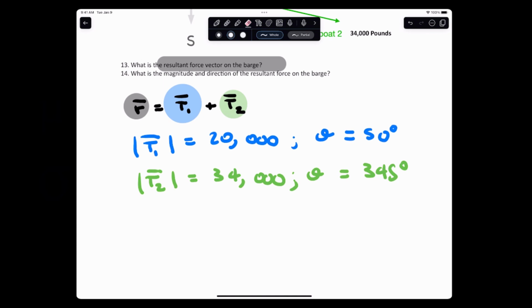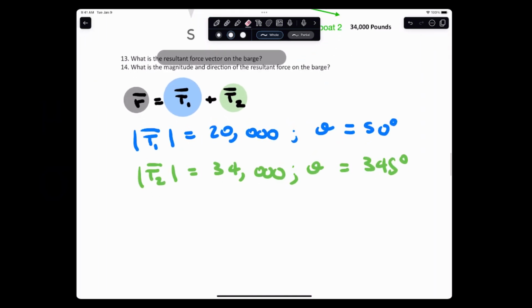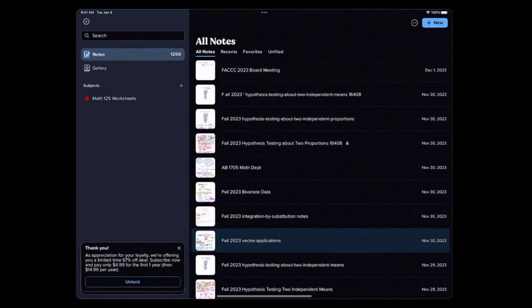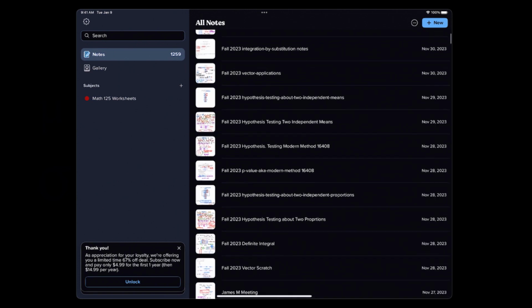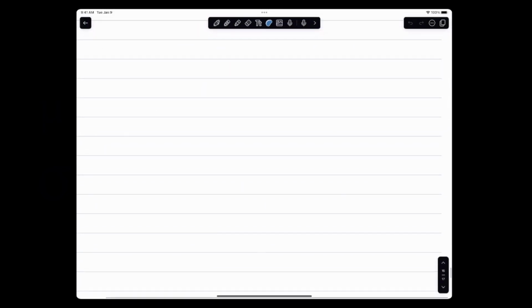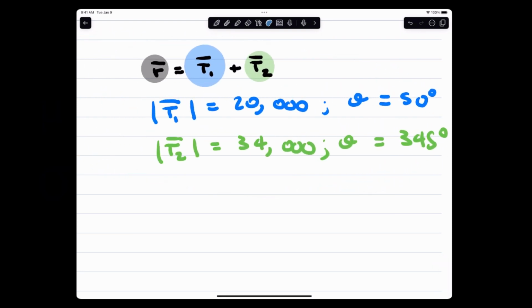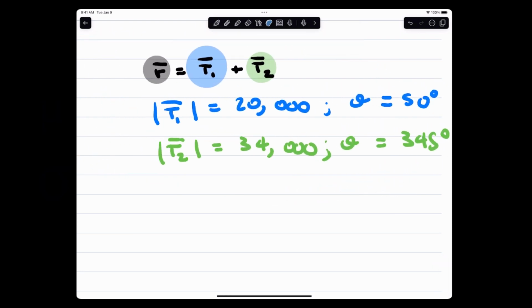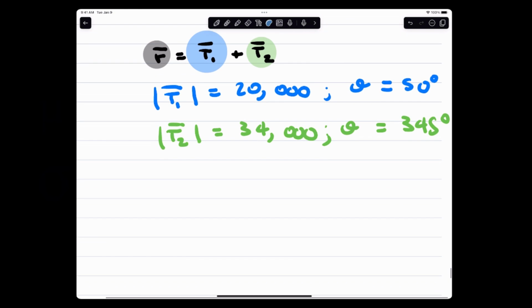Okay. So let's use this information in our scratch to get the T vectors here, okay? And we're going to get the resultant vector. So I'm going to copy this. We're going to go to our scratch. So here we go.